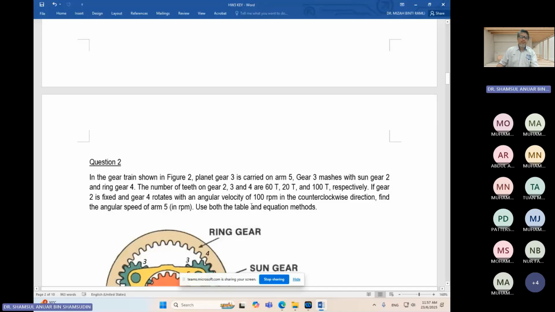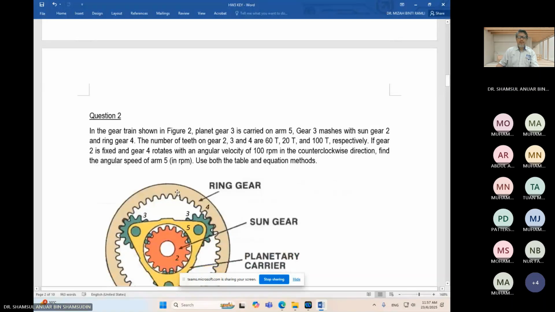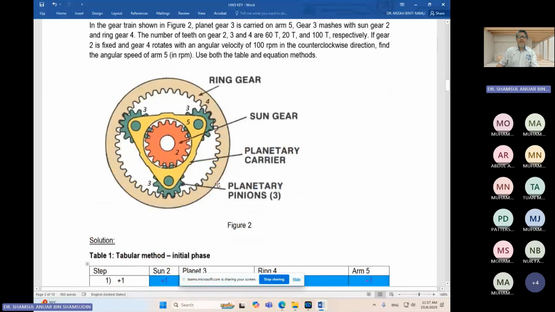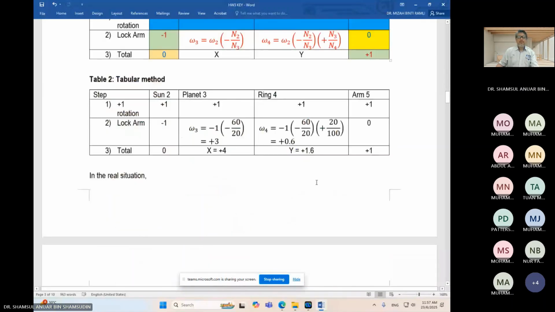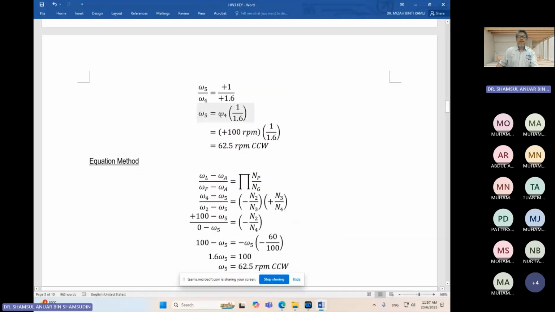So the input is at gear 4. This ring gear is the real input, and it is rotating in the counterclockwise. So positive, right? Positive.